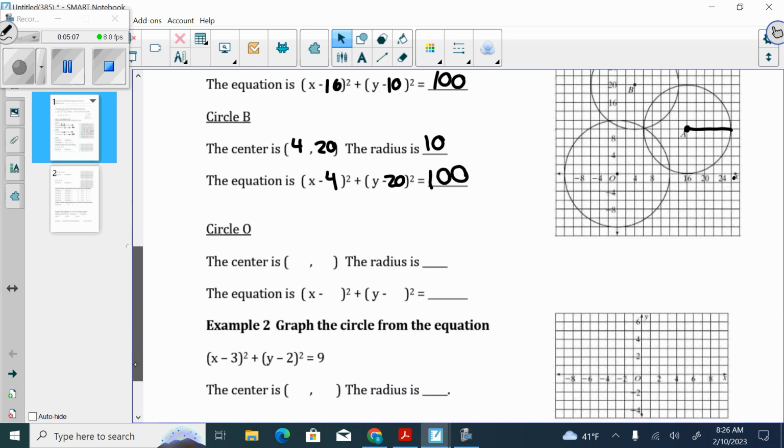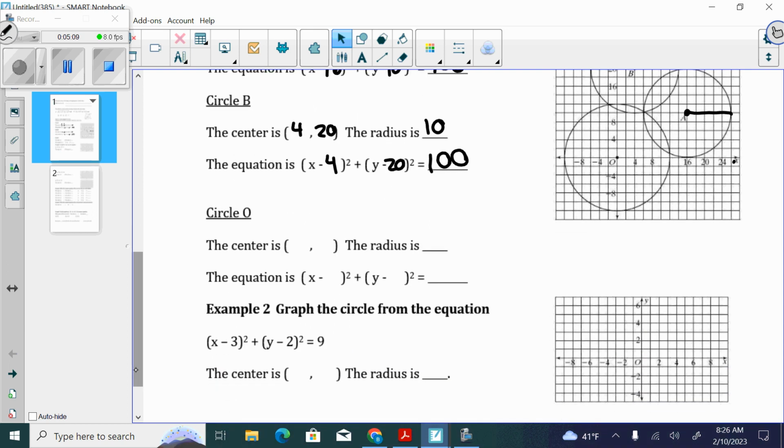All right, same thing for circle O. Circle O center is where? 0, 0. And the radius is what? 12. All right, so I'm going to have (x minus 0) squared plus (y minus 0) squared equals 144.